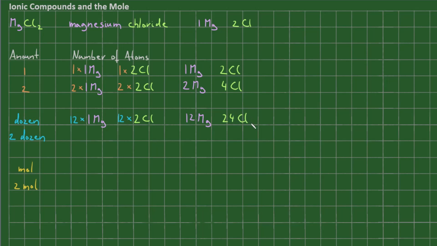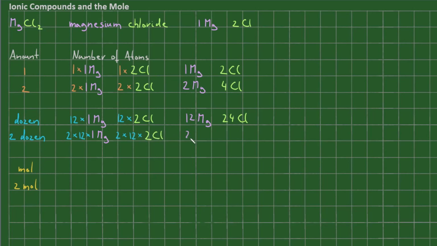If I have 2 dozen of magnesium chloride units, well, then I could say 2 multiplied by 12, that is the 2 dozen, multiplied by 1 magnesium. And I would have 2 multiplied by 12 multiplied by 2 chlorines.